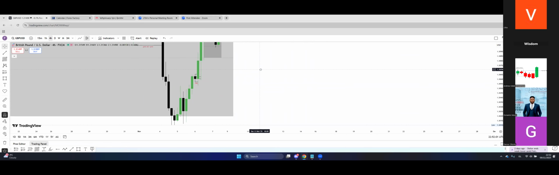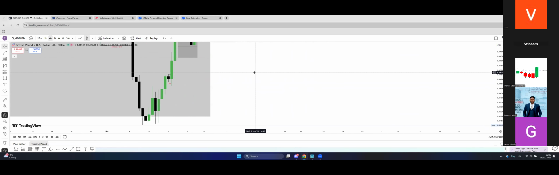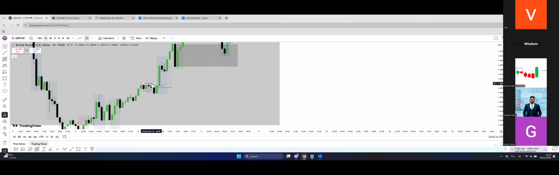Okay, do you understand? So yes, it's always like this. Then if you go to the 1 hour, you can see price broke with body with this candle above this high. Now, I'll take this one.